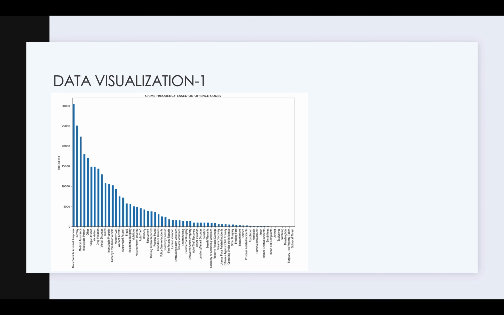This is the first data visualization that I did. This is the crime frequency based on the offense code. Offense code is basically the title of the crime. You can see the number one incident recorded here is motor vehicle accident response from the police department, with almost more than 30,000 cases.